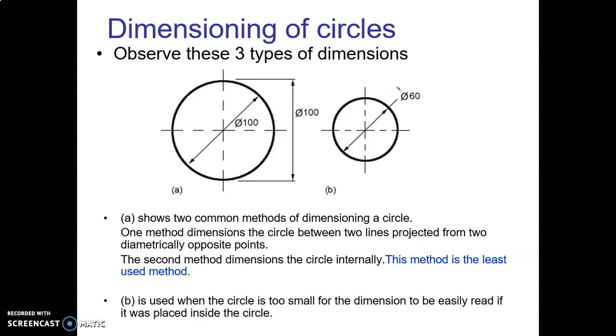And then for circles, how to dimension circles, observe these 3 types of dimensions. Untuk the first one, it shows 2 common methods. Ni yang biasa digunakan lah, the diameter. And then untuk yang B, like this.